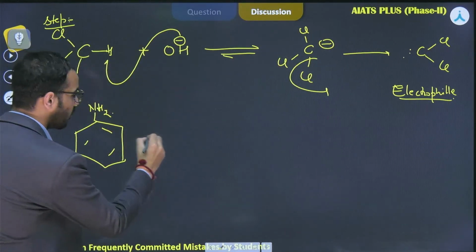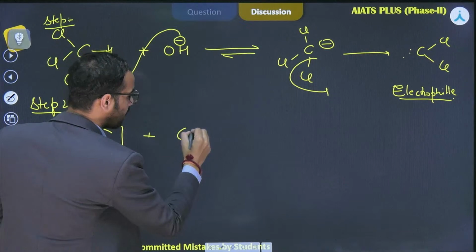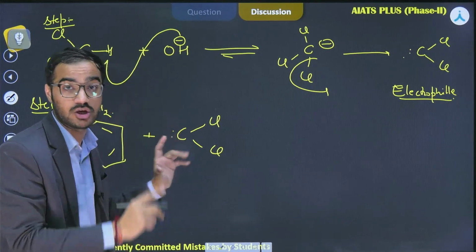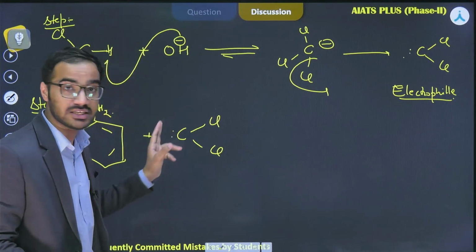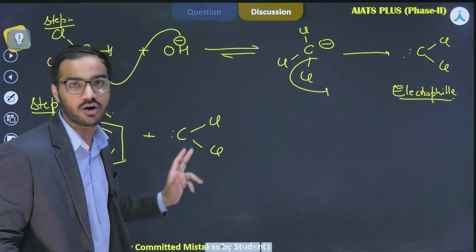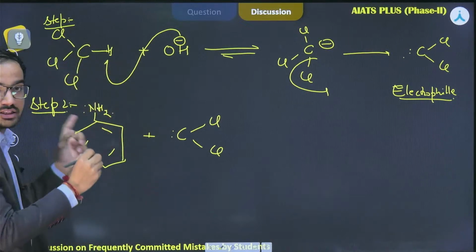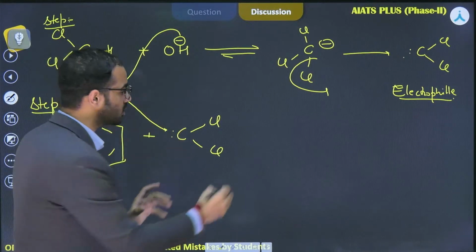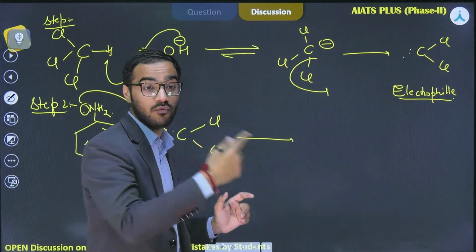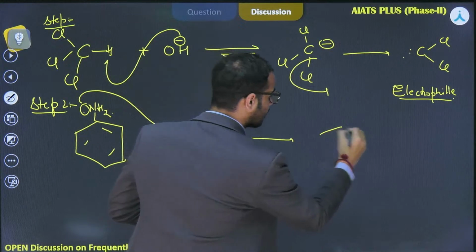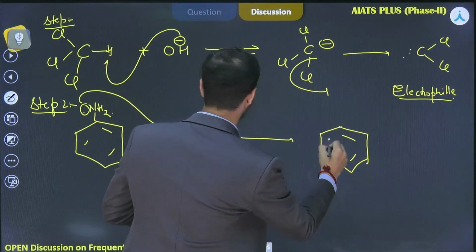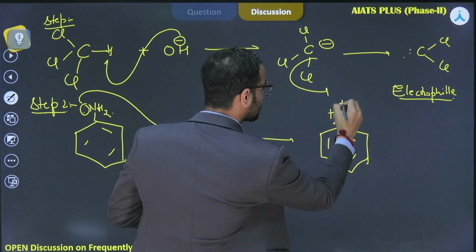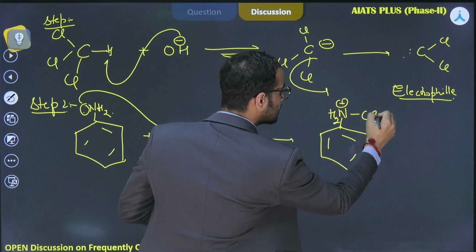It will attack this electrophile CCl2, which is electrophilic in nature. Do not confuse these radicals with lone pairs; these are not lone pairs. So the lone pair will attack this position, an electrophilic reaction will occur, and it will yield an intermediate, or transition state, with NH2 positive and CCl.